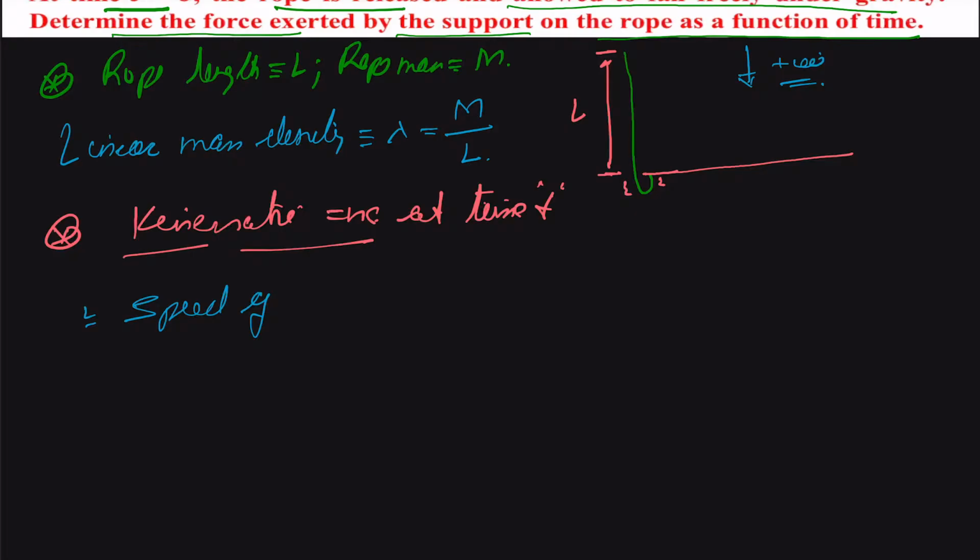And so we were discussing the speed of the moving rope. At any time t, let us suppose it's v of t, that will equal g times t.